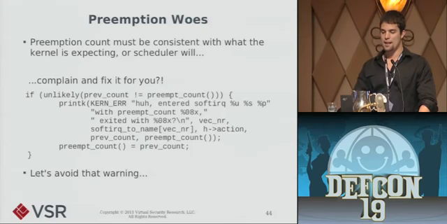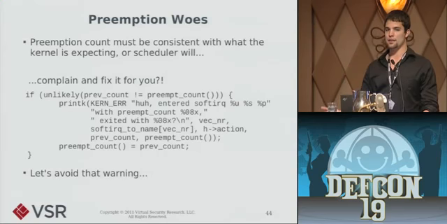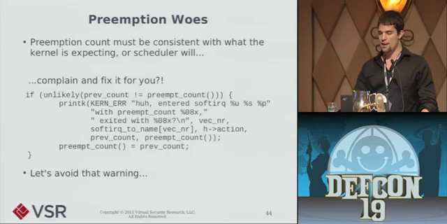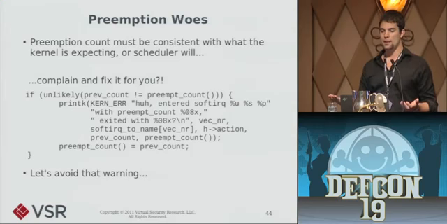The second bit of cleanup I needed to do has to do with the preemption count. On Linux, every process has this variable called the preempt count, which encapsulates a bunch of information related to scheduling. And if the kernel calls an interrupt handler, as it did when our malicious ROSE frame was received, and returns from that interrupt handler, and the preemption count isn't what it expects it to be, in the past the scheduler would panic and everything would fall over.